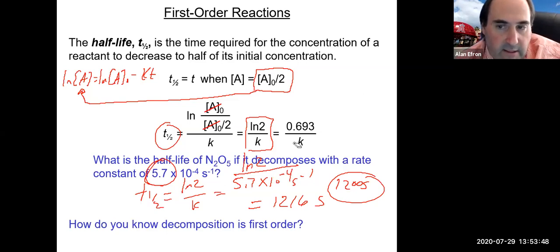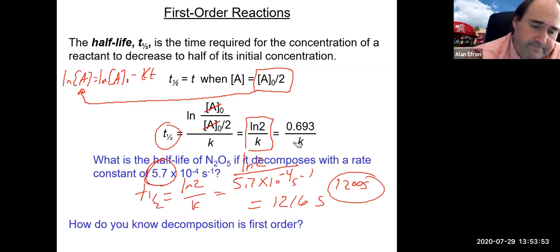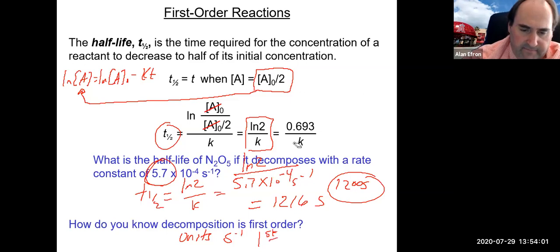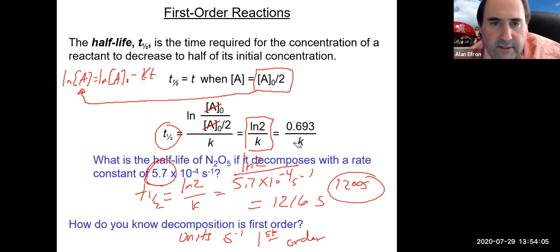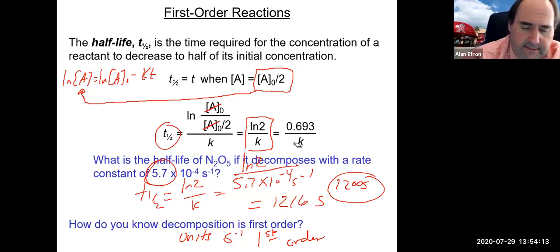As we've been talking about, it is the units associated with k, and the units of reciprocal seconds tell us it's first order. Any questions on that one? So again, we've seen that a number of times since we did all that kinetics work. So that should hopefully be familiar to you.